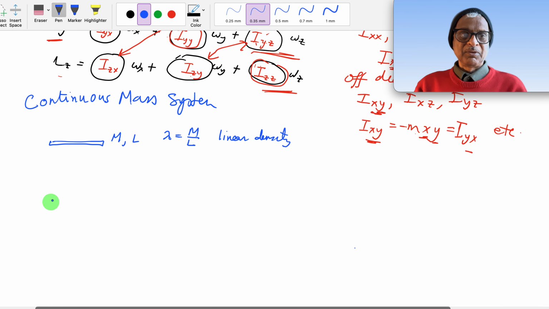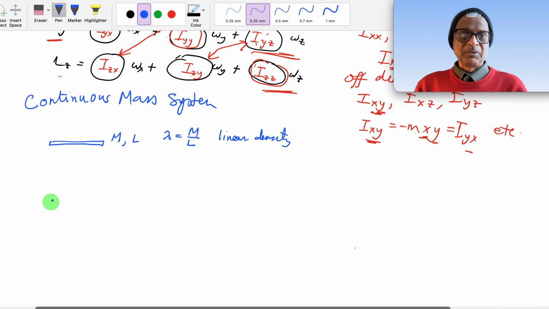Well, the mass there will be dm. So you will write the moment of inertia Ixx for this quantity will be dm, and its coordinates will be x, y, z. In this case, x is 0 and z is 0. So you have a dm, and you have y square plus z square. So this will be the formula for this tiny mass.